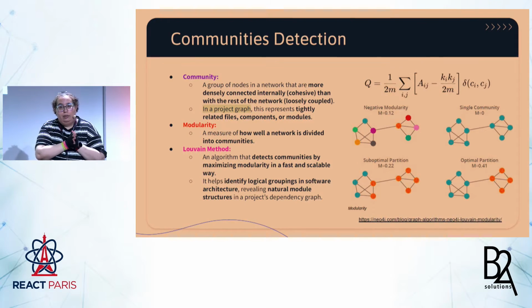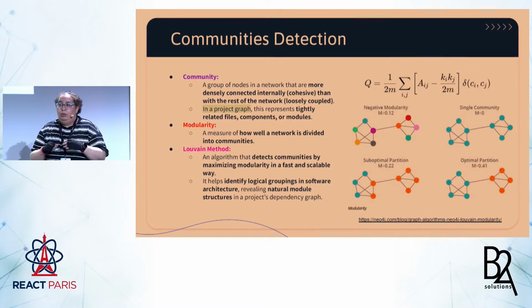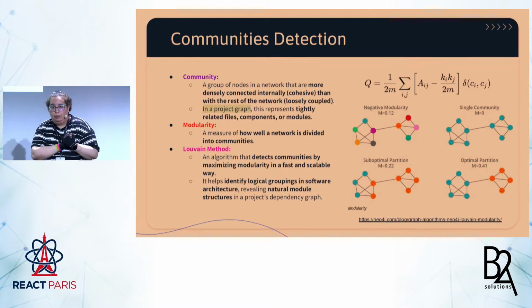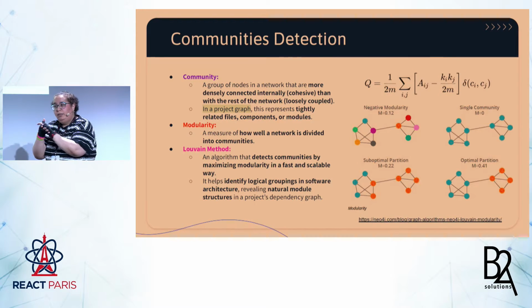This community detection algorithm will detect the best way to split my project based on file interaction. What is a community? As a definition, a community is a group of files that are highly cohesive and loosely coupled with the external dependencies.